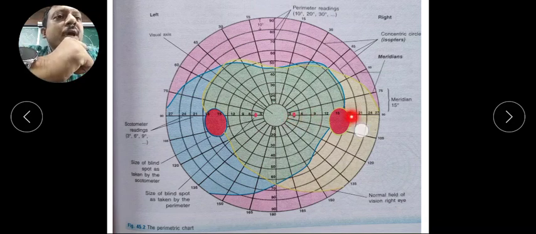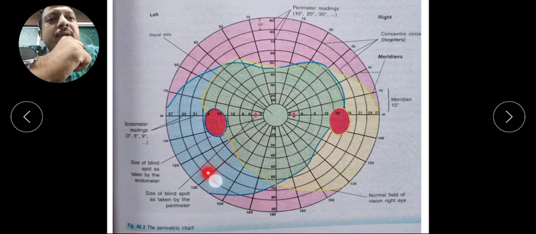Suppose we start from 90 degrees, then we take another reading by moving the metallic arc to 45 degrees. Next, take another reading at 0 degrees. Next, take another reading on the left side at 45 degrees by rotating the metallic arc. Next, the left temporal view.